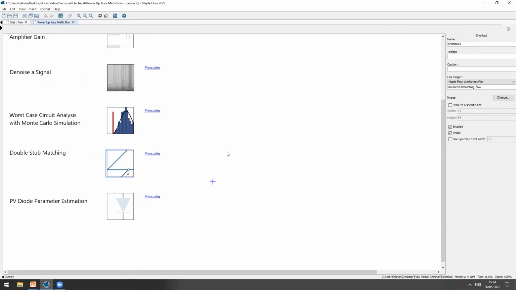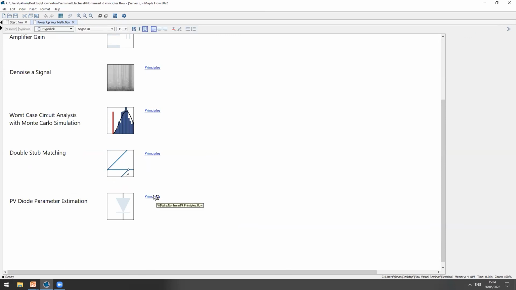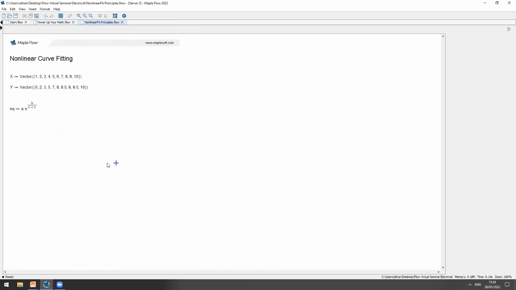Parameter estimation for a photovoltaic diode. Let's talk about some principles first. We'll need to do some nonlinear curve fitting, so we'll need experimental data.